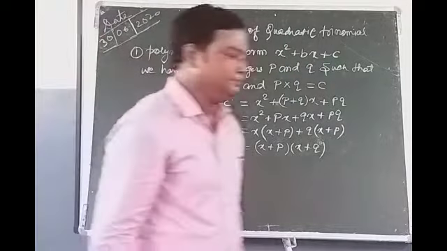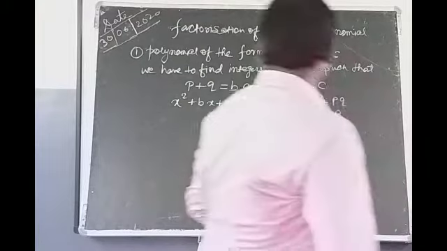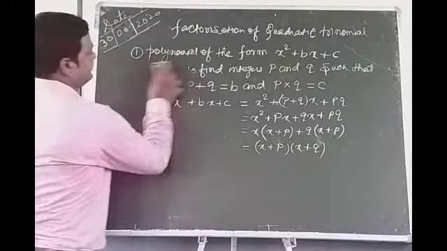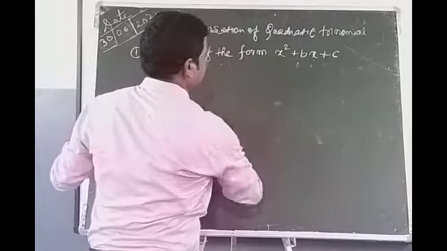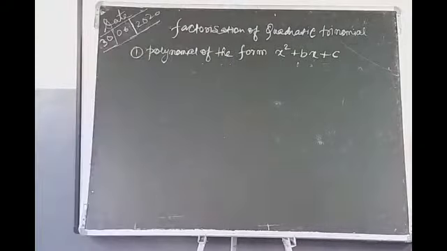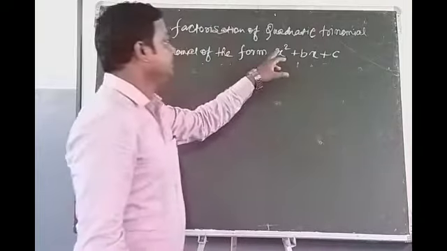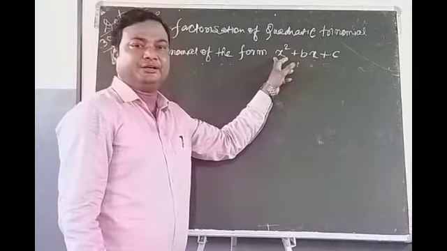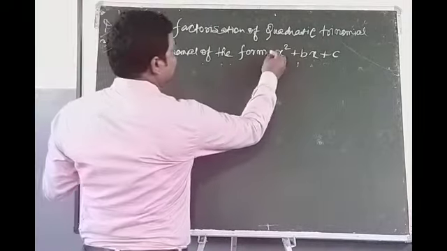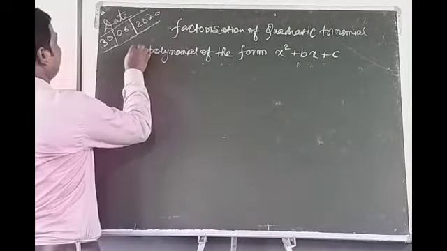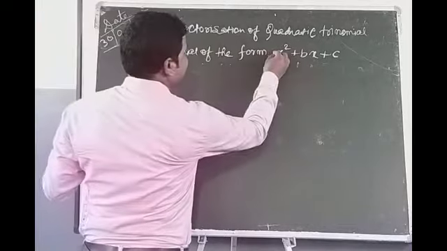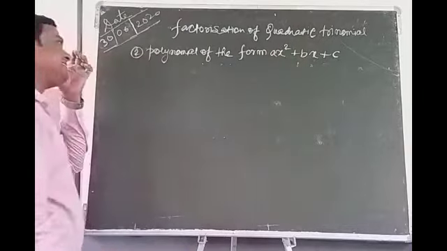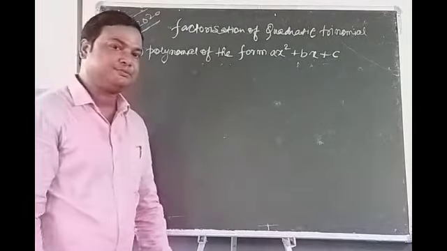Okay, now the second form. In the previous form the coefficient of x square is 1. Now the second form is the polynomial of the form ax square plus bx plus c.